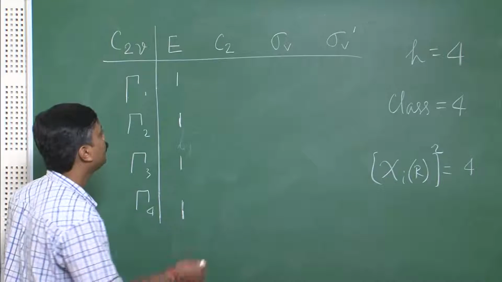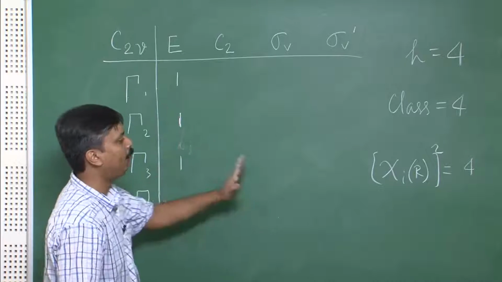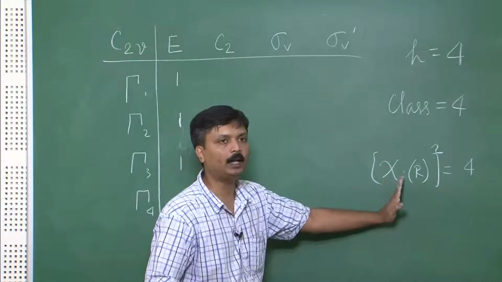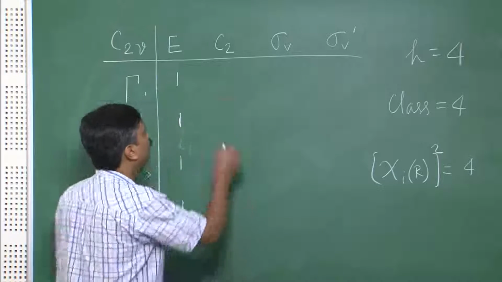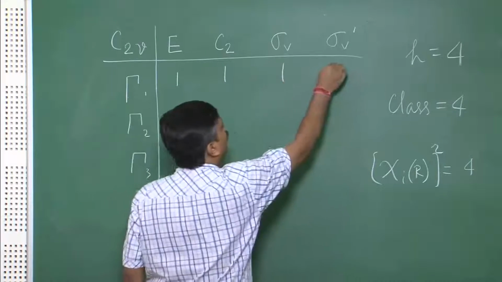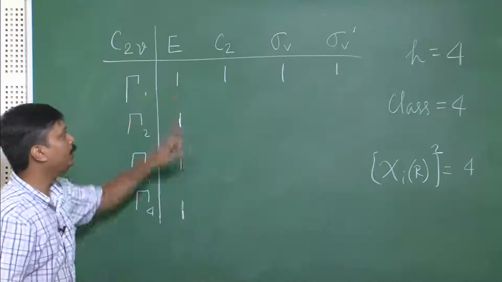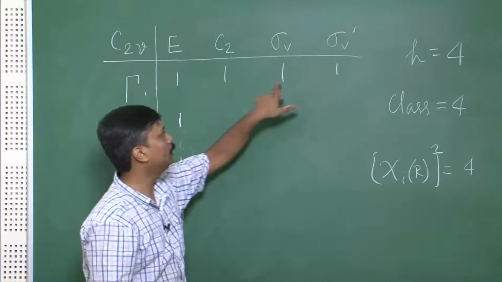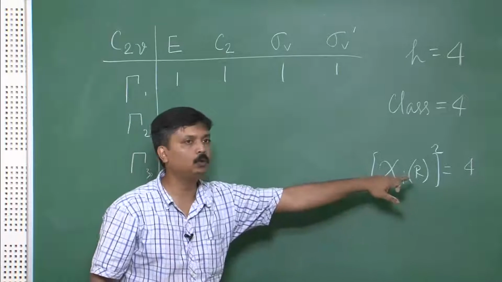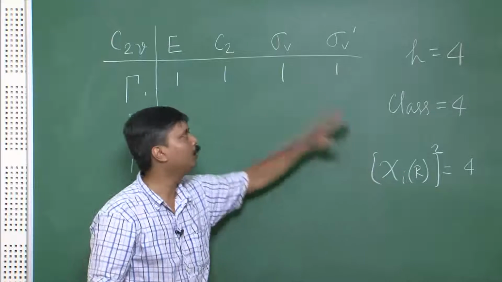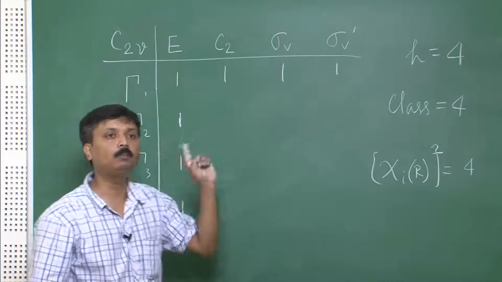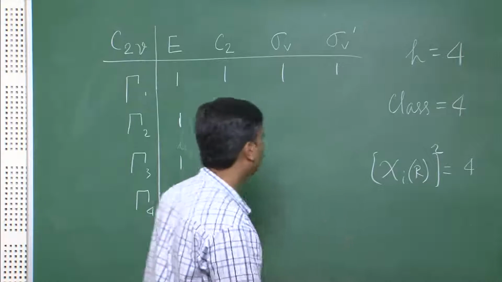So, I can have all these characters as plus 1. If I do that, you can verify this: 1 square plus 1 square plus 1 square plus 1 square equals 4. So, this rule 2 is verified for this particular representation, and I got my first irreducible representation here.